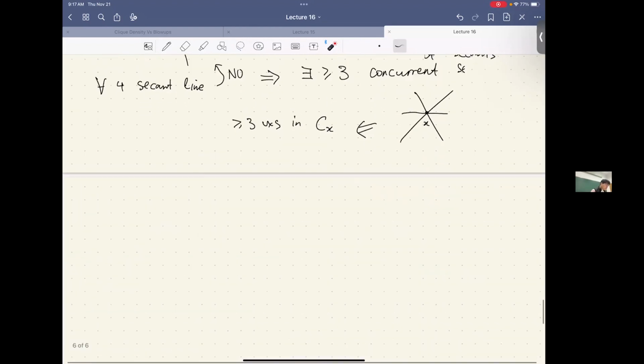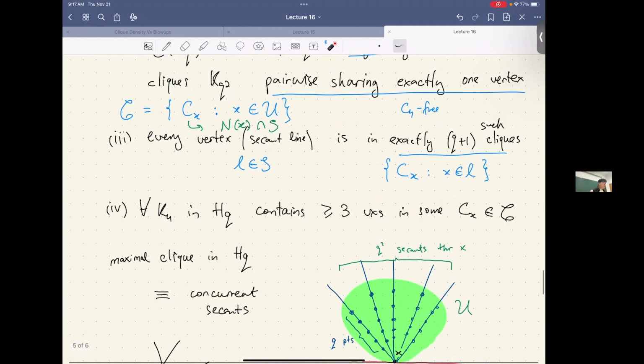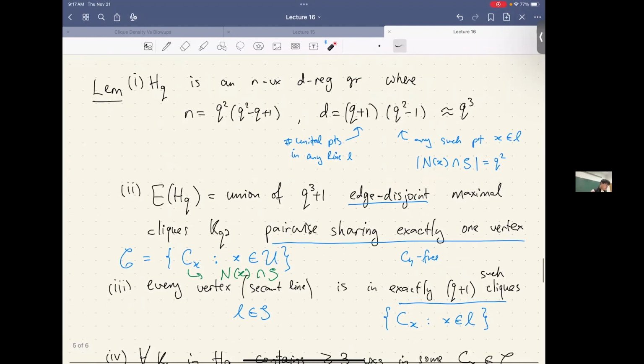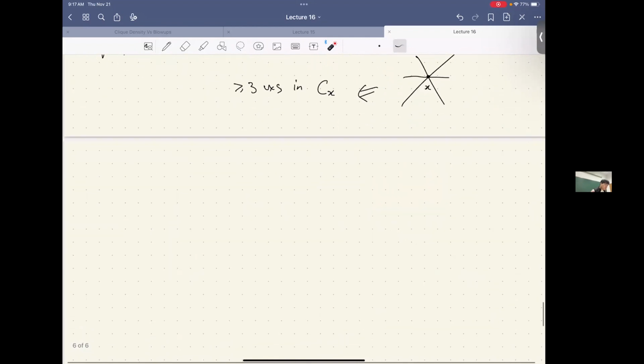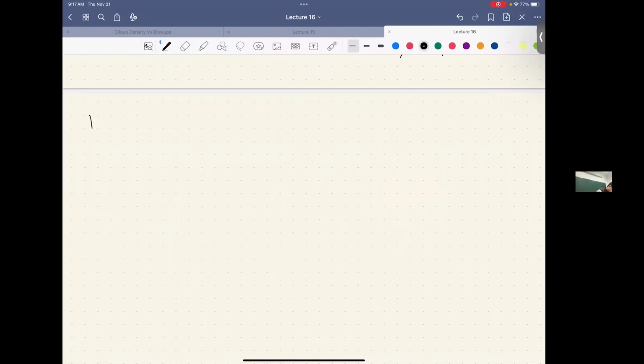Let me give you some additional property of HQ, which we will not use throughout the proof, but it could be useful for other problems. Actually, HQ is a strongly regular graph. In spectral graph theory, people care a lot about strongly regular graphs.